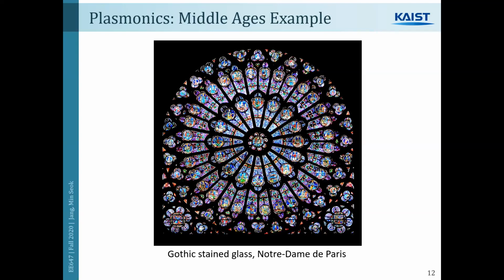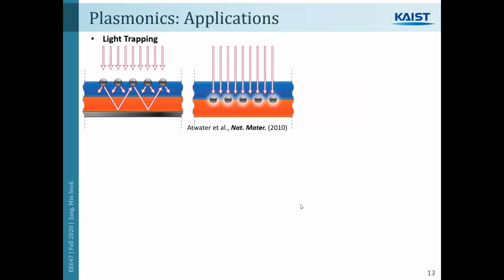And this is also about applications of plasmonics. So what's the real application other than creating beautiful things? Because plasmonic nanostructures can trap light in a very small area, you can boost up the efficiency of a thin film solar cell.